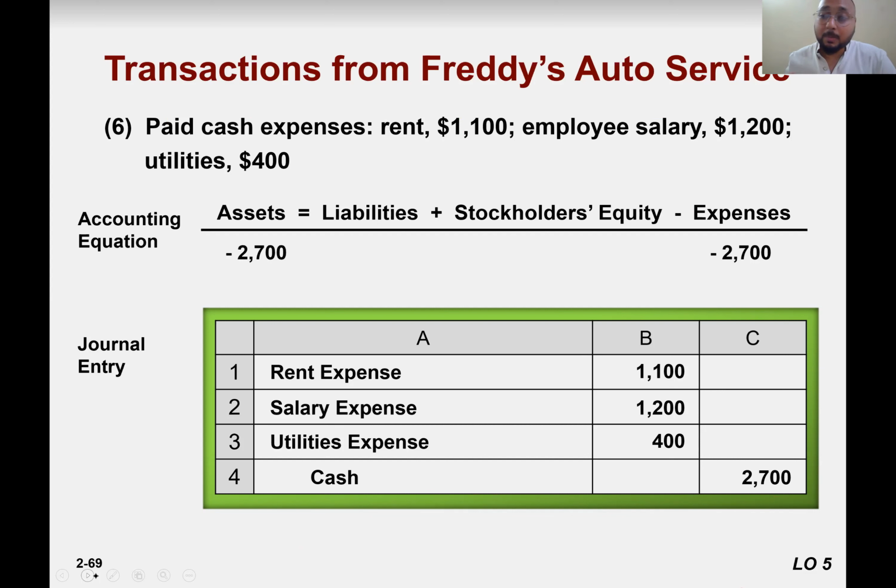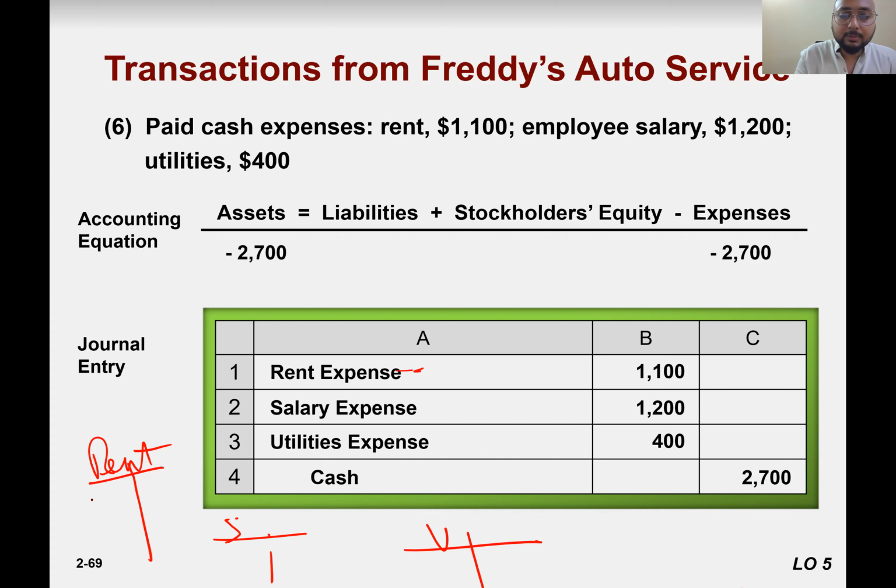And when we talk about posting, we do not already have the T account for rent, salary expense, or utility expense. So we write them down here. This is utility. This is for salary. This is for rent. We write the rent on the debit side.